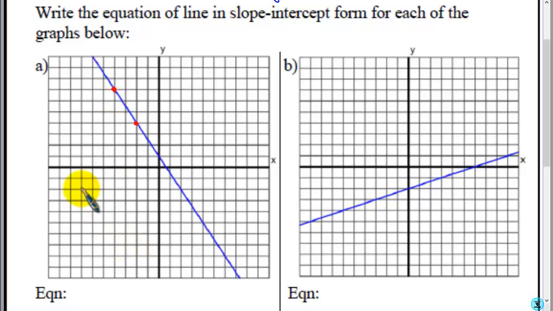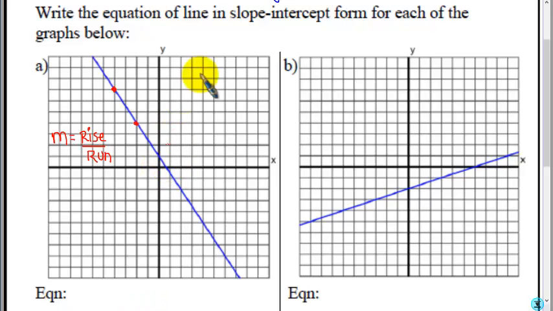Okay? Remember, slope is defined as rise over run. So in other words, how much do I move up or down, and how much do I go left or right? Also, you might want to remember this, jot this down. Let me erase that and make it a little bit nicer here. Give me a second.